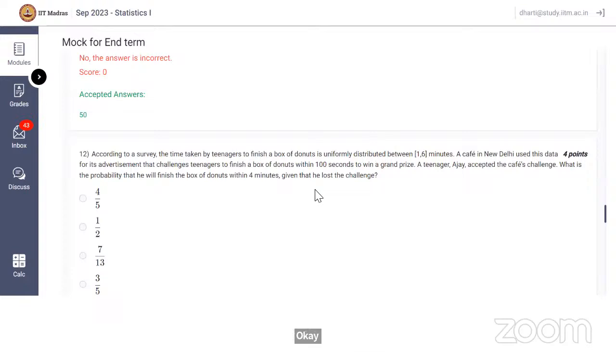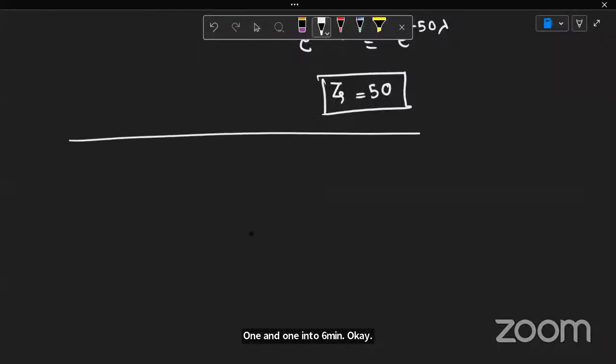Okay, let's discuss it. According to the survey, time taken by teenagers to finish a box of donuts is uniformly distributed between 1 to 6 minutes. So first, your X is distributed as 1 to 6 minutes, and it's a uniform distribution.